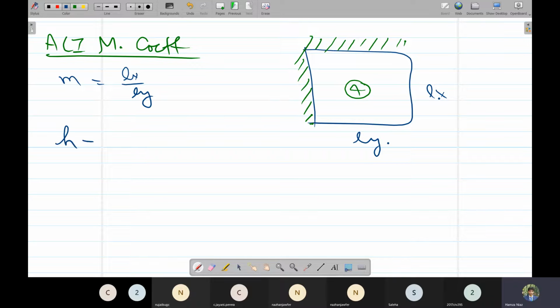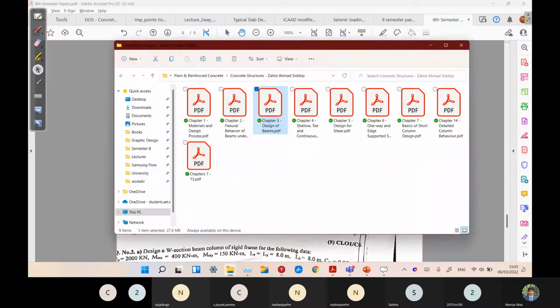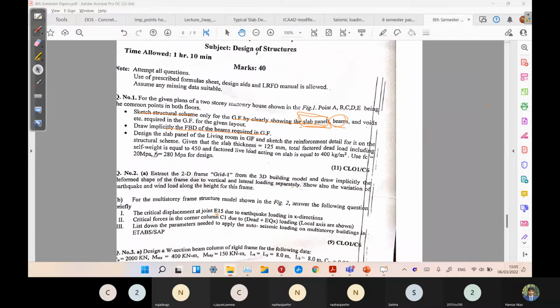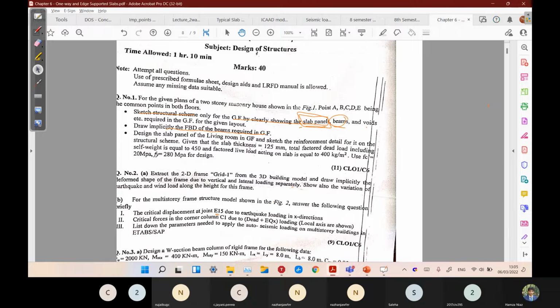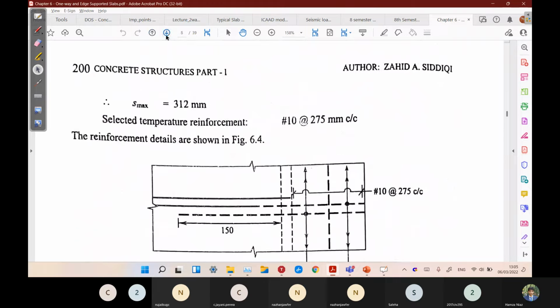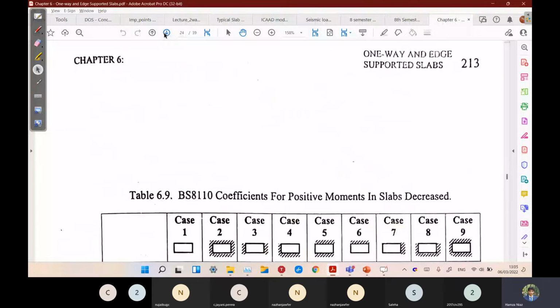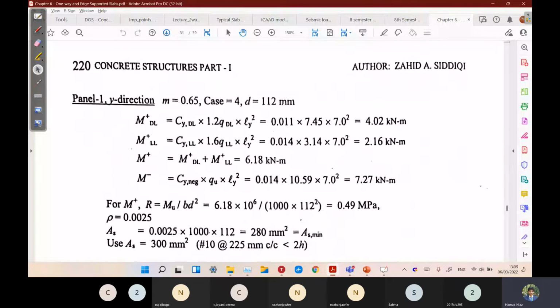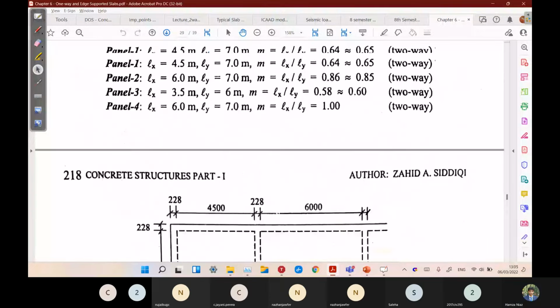We can find its thickness as if I open the book. Yes, so the cases are given here.